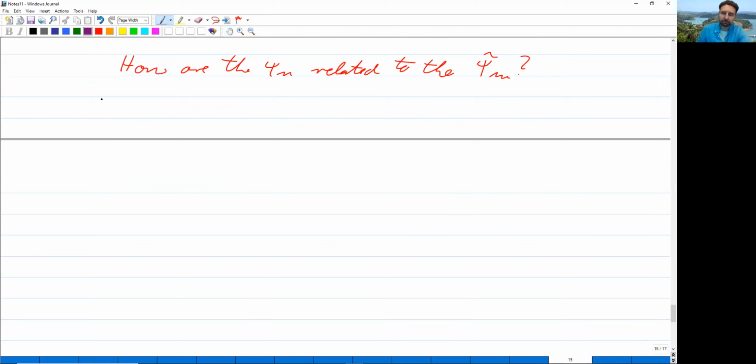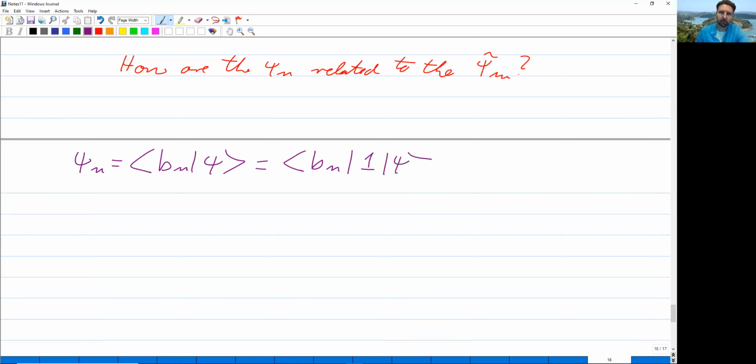So we have that psi n is equal to Bn psi, right? That's the wave function, which we can write as Bn, and then we put an identity here, psi. And then we can spell out this identity in the C basis, sum over m.